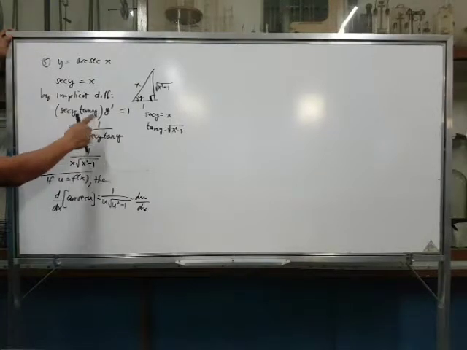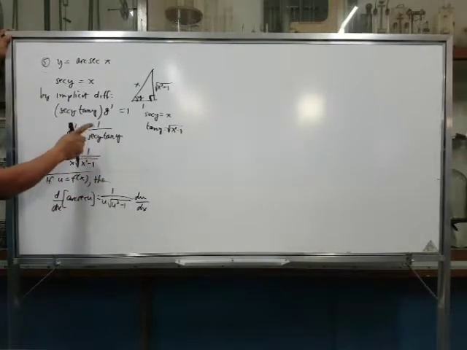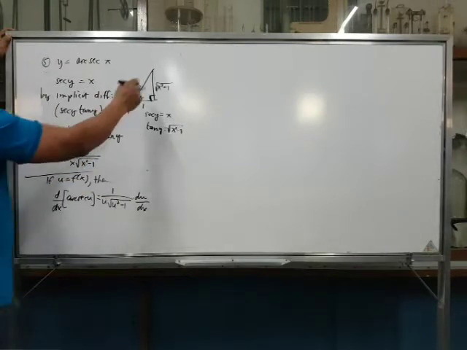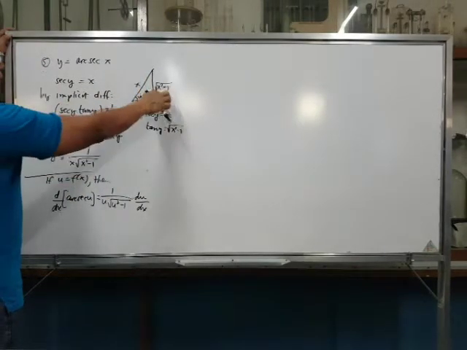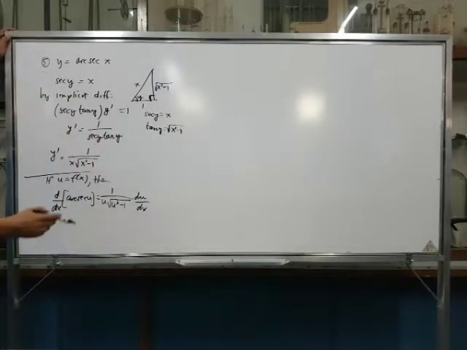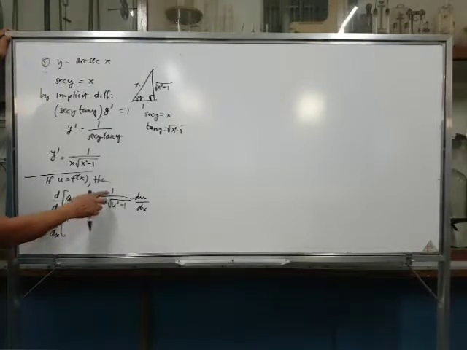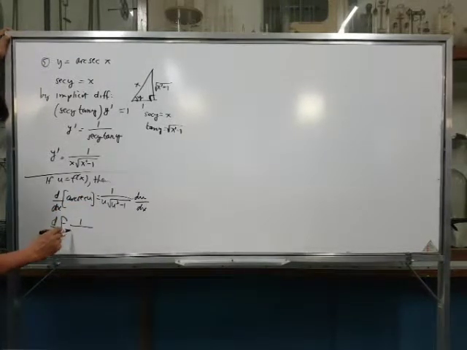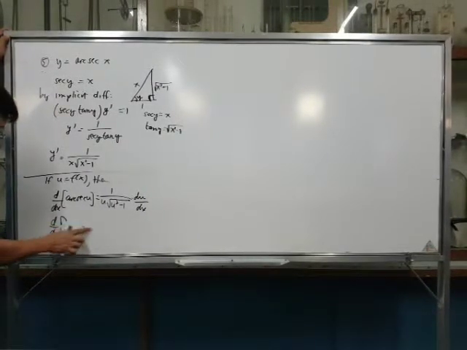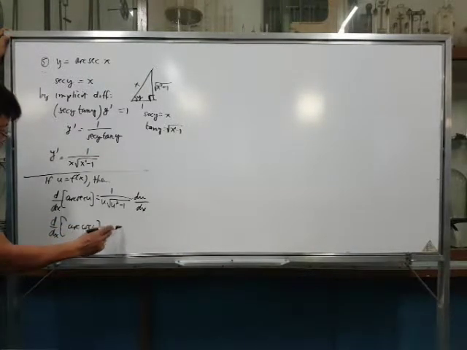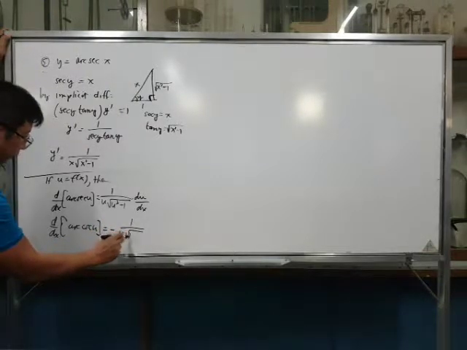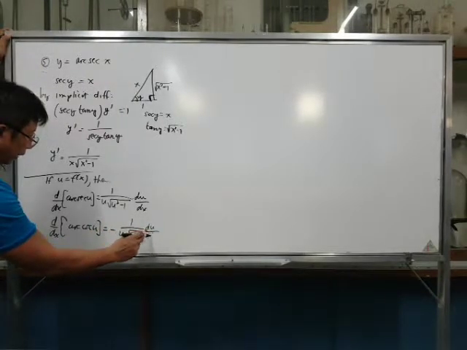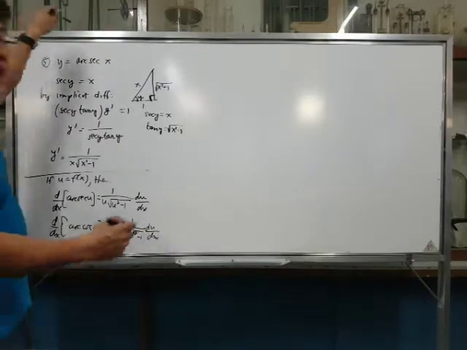And then y prime will be negative 1 over negative cosecant y cotangent y, and we use almost the same triangle, but this one is square root of 1 minus x squared. A little difference is that there will be a negative sign. So the derivative of arc cosecant u is negative 1 over u square root of u squared minus 1 du dx.